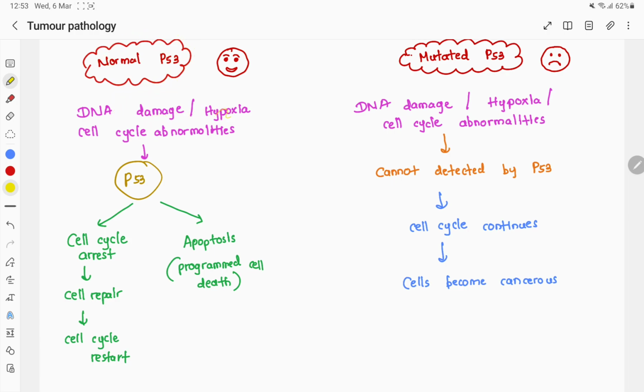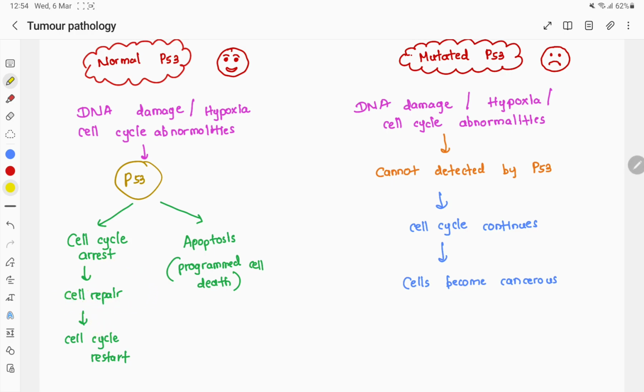When DNA damage, hypoxia or cell cycle abnormalities are detected in a cell, the p53 gene is activated and further cell cycle is arrested at that point, diverting that cell into a repairing process.